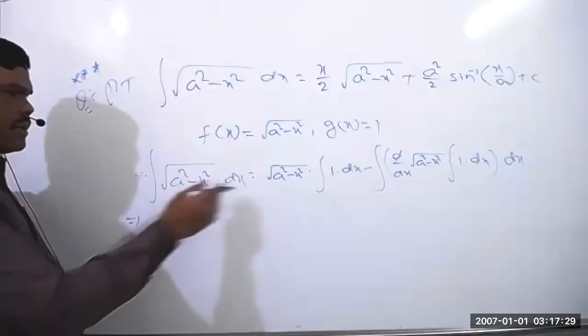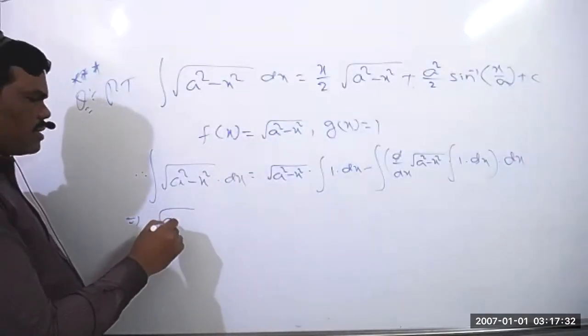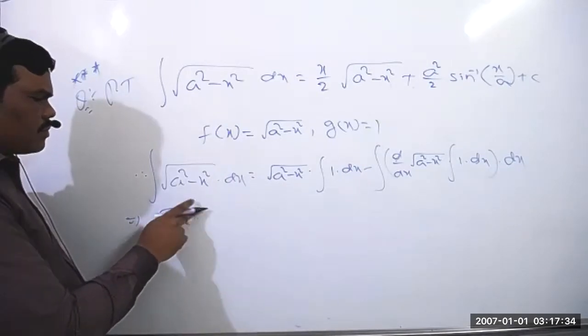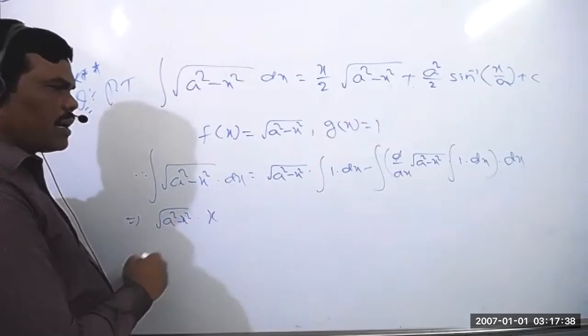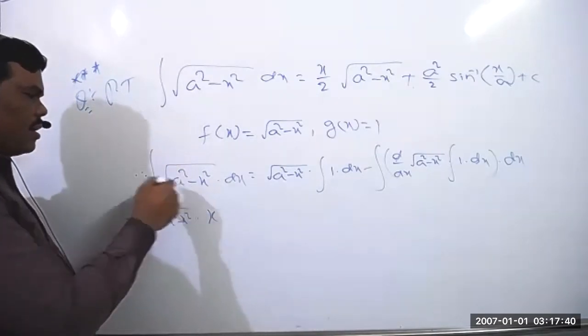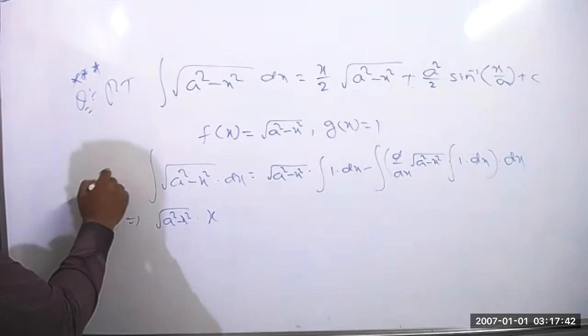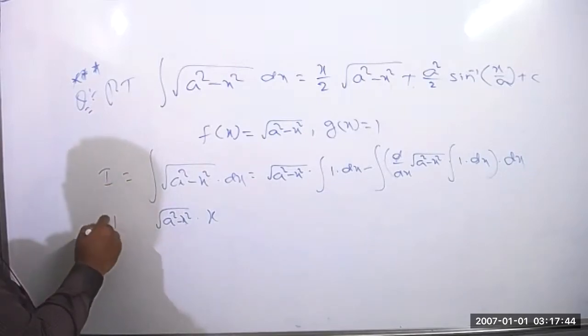Now you can find it. Root of a square minus x square, write as it is. Integration of 1, you can write x here. Generally, this we can take as I equal to.